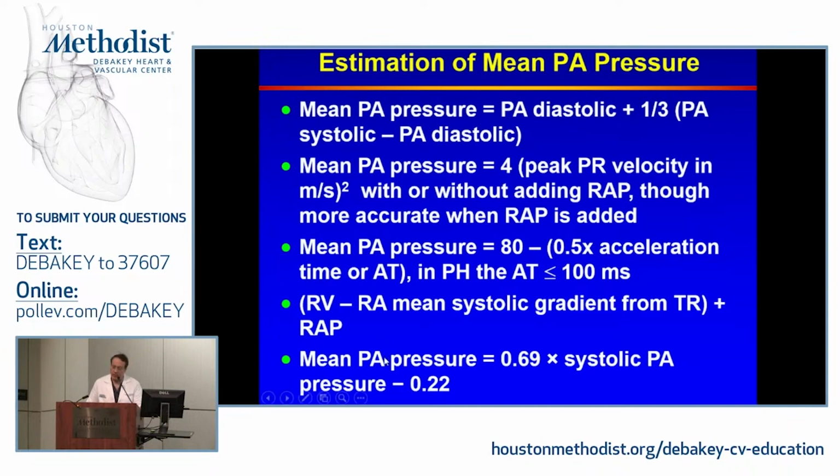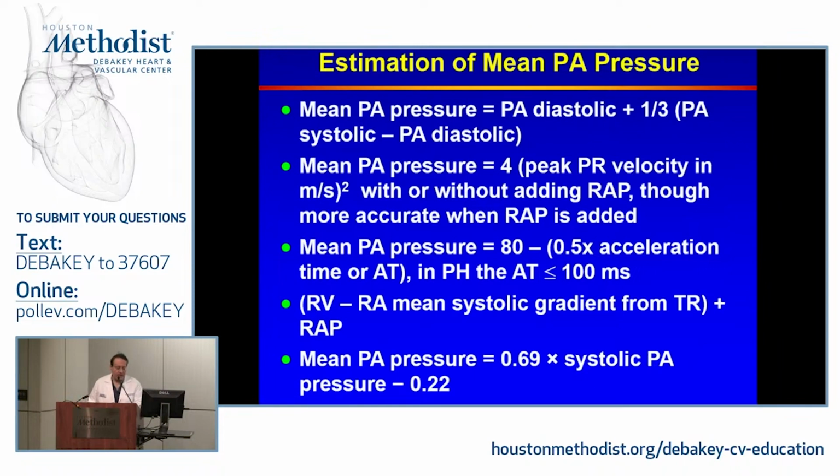Is there another approach for mean PA pressure? Yes. You can look at the systolic gradient between the right ventricle and right atrium from the tricuspid regurg jet, so you get a mean gradient. And the idea is somebody who has a higher systolic pressure will also have a higher mean pressure. Just mathematically, they are related.